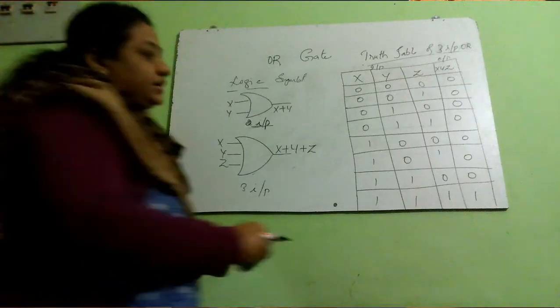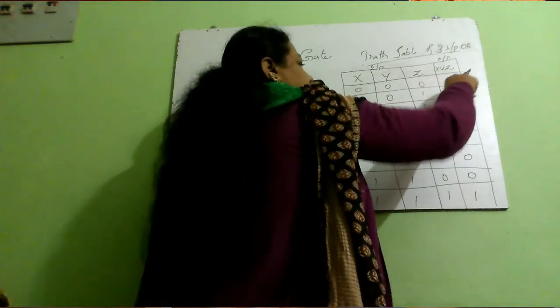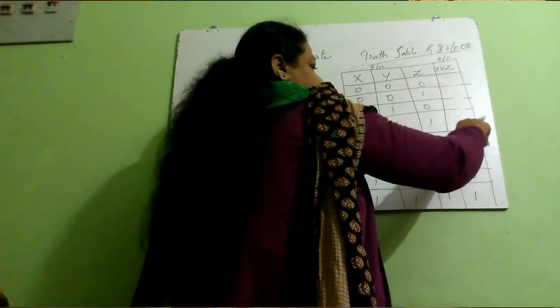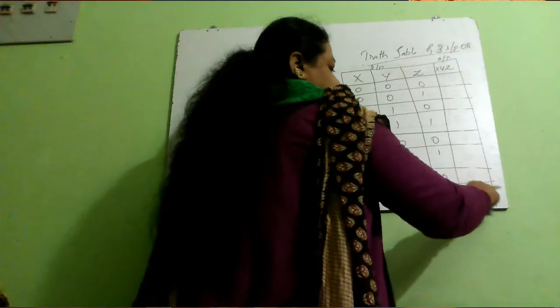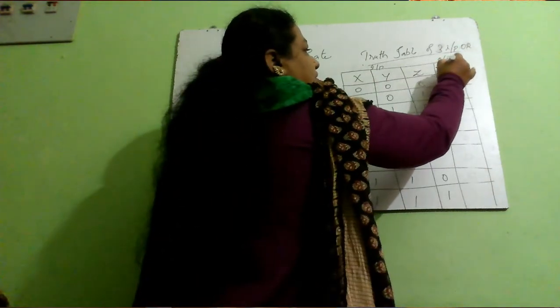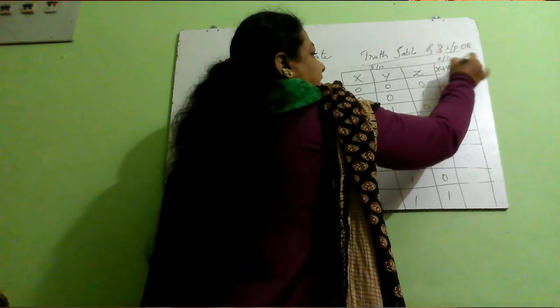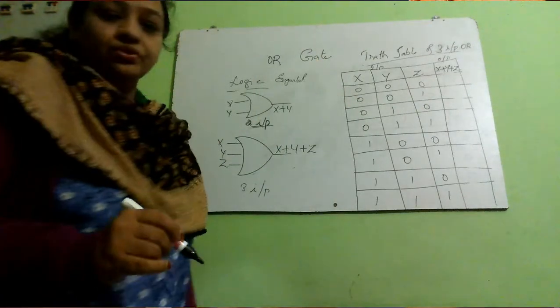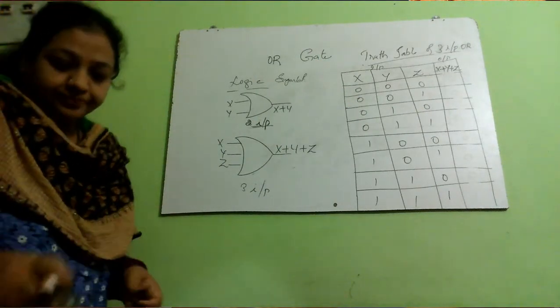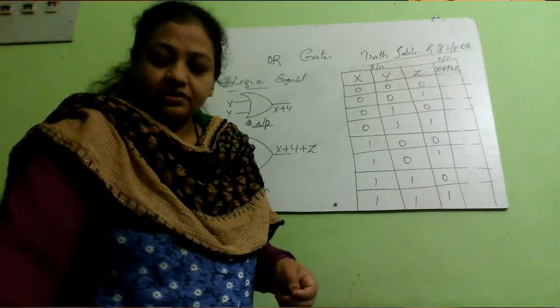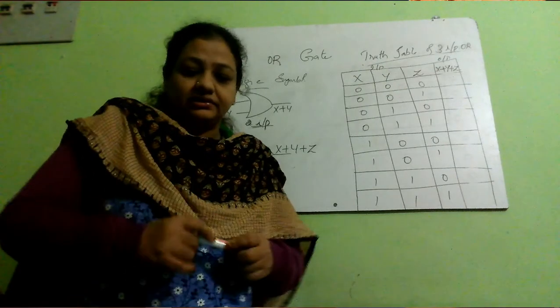As I told earlier, the output of an AND gate is 1 when all the inputs are 1. Otherwise, in other cases, the output is 0. So here 0, 0, 0 is 0. 0, 0, 1 is 0. Here there is 1, 0, so it will be 0. Here we have 2 zeros, the output is 0.